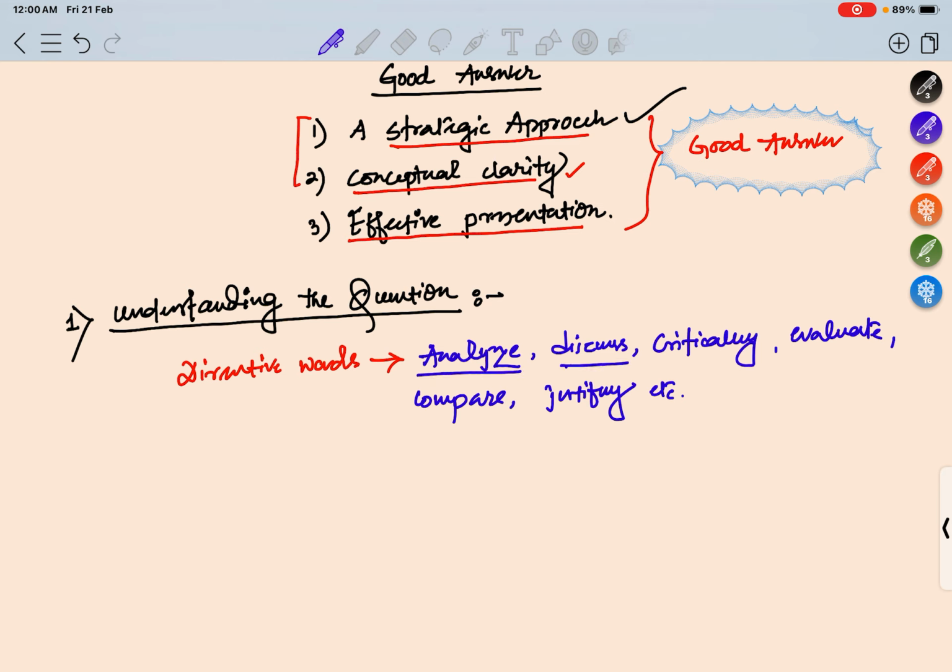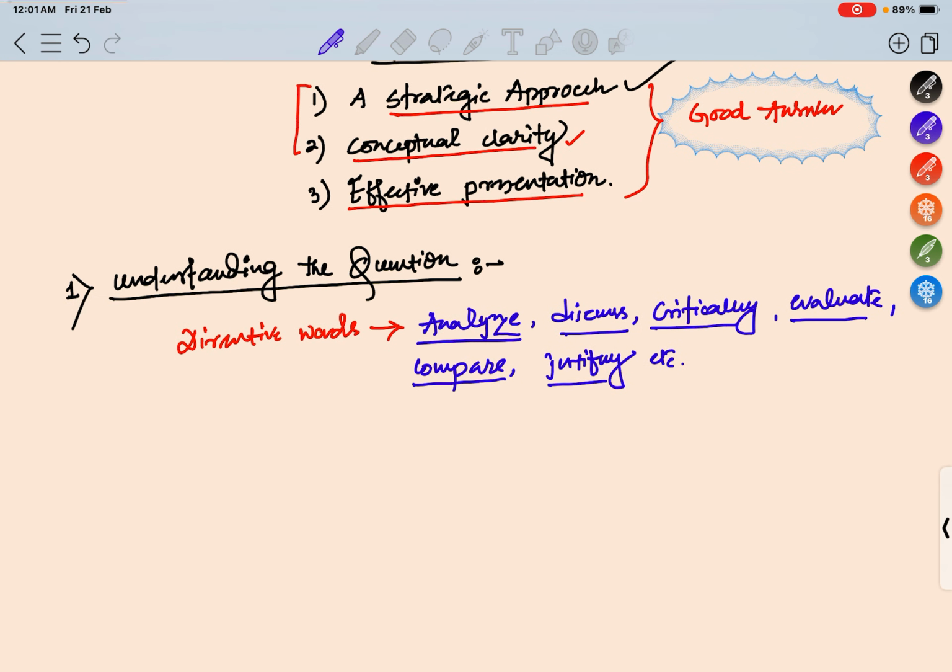They will put these words. So you need to understand these words very deeply.